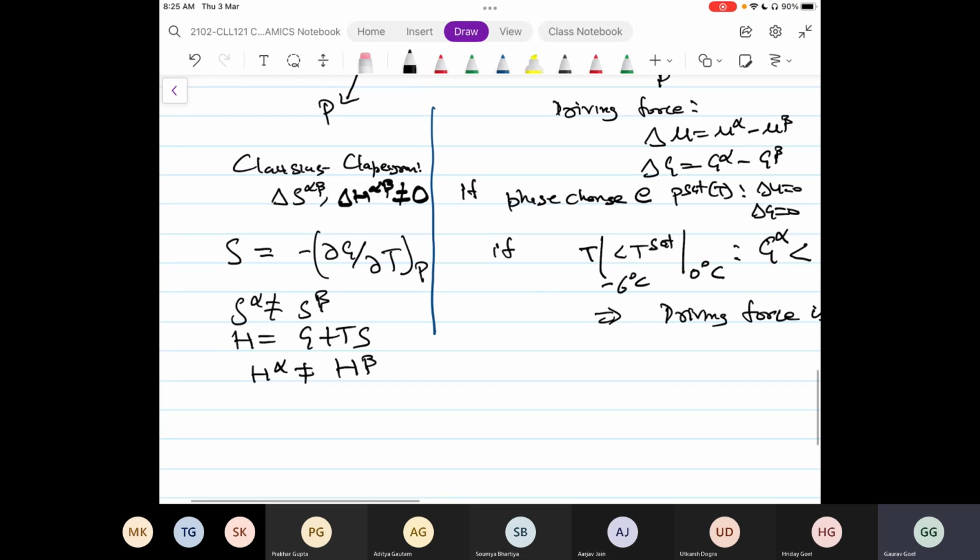These transitions where the first derivative of the Gibbs energy is discontinuous are known as first order phase transitions.